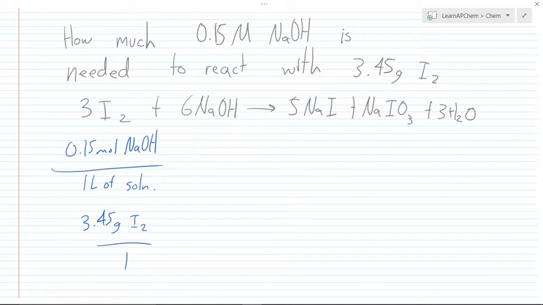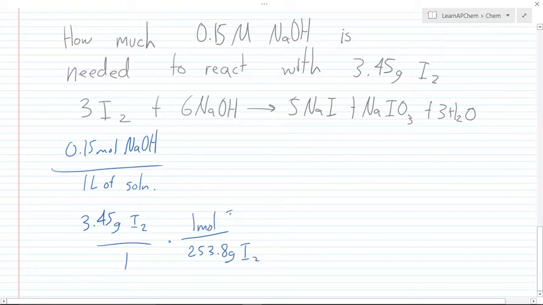Alright, 126.9 times 2, so we have 253.8 grams of I2 per 1 mole. So 3.45 divided by that is 0.0136 moles.